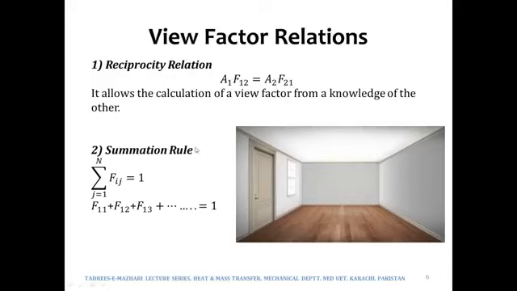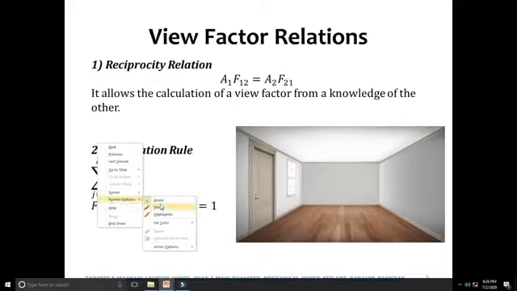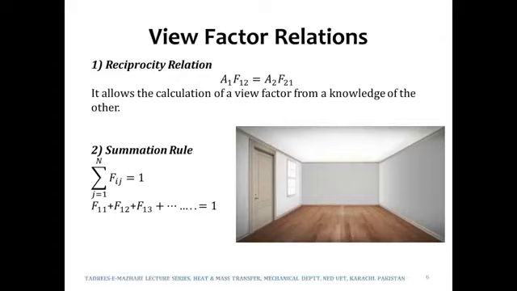The second one is the summation rule. The summation rule says that the sum of Fij is equal to 1, or F11 plus F12 plus F13 and so on is 1. Now what does this summation rule mean? It means that if, let's say, this wall is surface 1, from this wall the radiations would get emitted, would leave this surface, and they will be incident on let's say this wall, you may call it 2, and the radiations leaving 1 will also be incident upon this side wall.